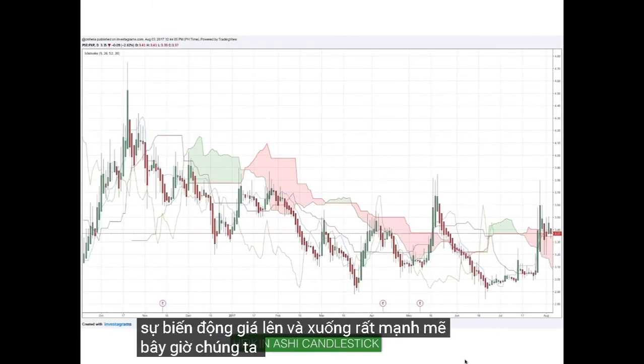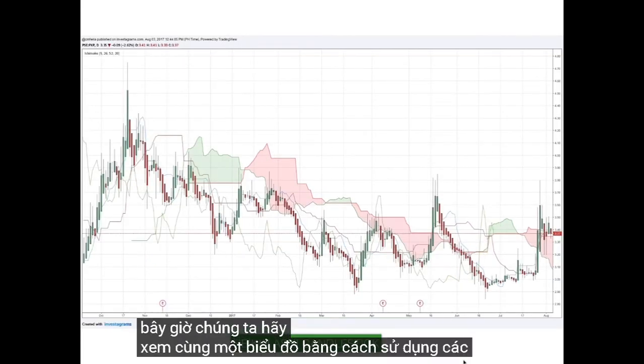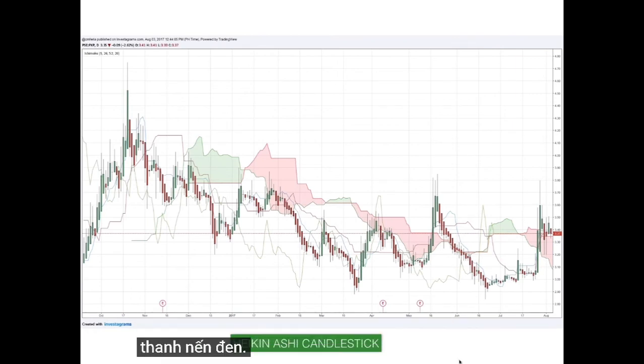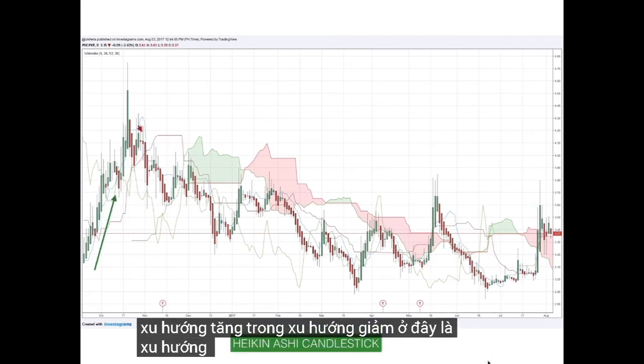Now let's take a look at the same chart using Heikin Ashi candlesticks. Do you notice the difference? Using Heikin Ashi candlesticks, you'll find that the trend is clearer. You will more easily spot the uptrends and the downtrends. Here are the uptrends and the downtrends.